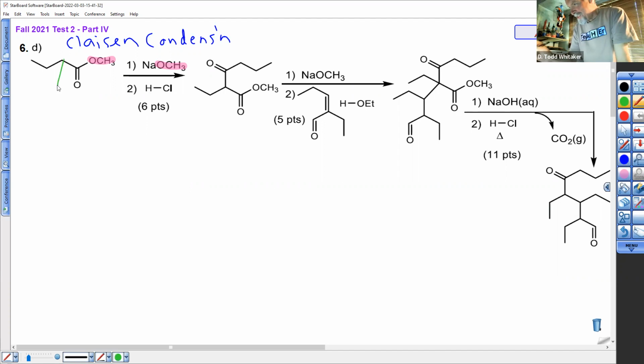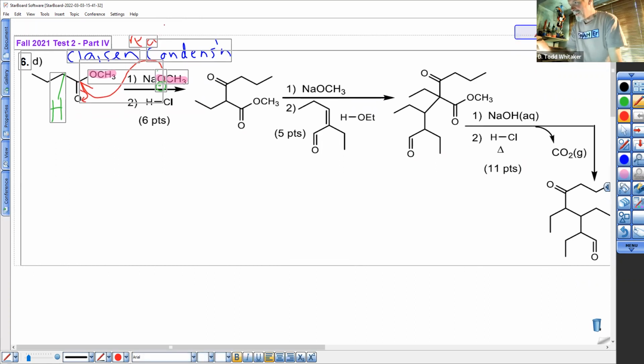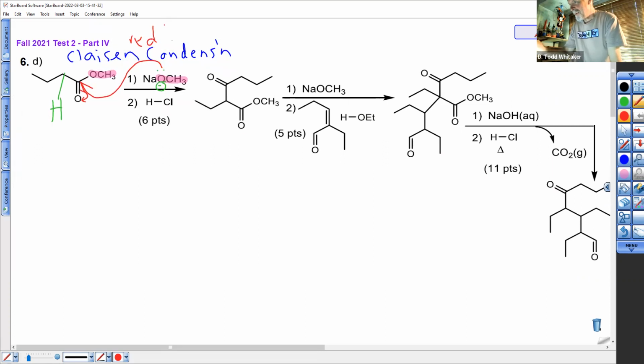We need the reaction that takes an alpha H. Chapter 19 is all about that. And we got a minus charge on our OCH3 minus that's attracted to the carbonyl. First step, you hit the carbonyl, the electrons come up to the oxygen. Red first. That's not working very well. Move everything down a little bit. Okay, red first.